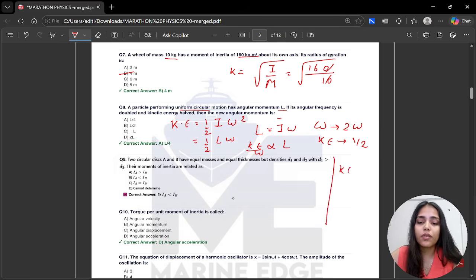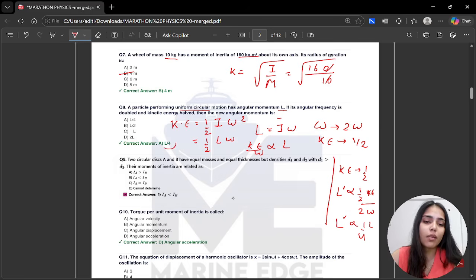So KE has become 1 by 2. So now for this new value of angular momentum, we have 1 by 2 KE and 2 omega. So now the final angular momentum becomes 1 by 4 times whatever was the initial value of angular momentum, right? So it becomes L by 4.